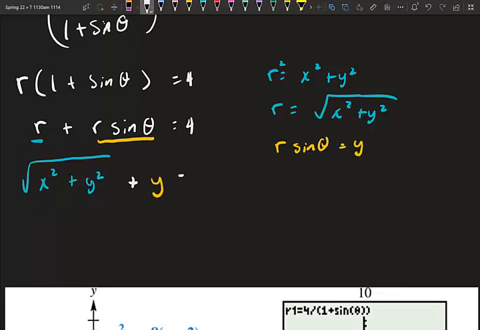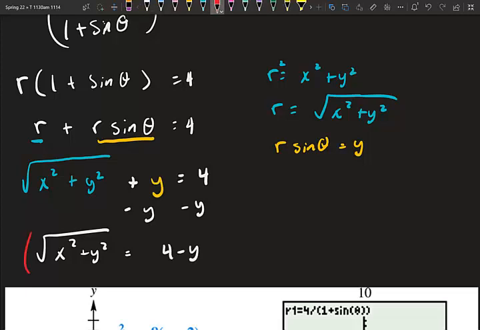And that equals 4. We need to get rid of this square root. We're not allowed to have it. So in order to get rid of it, we need to isolate the square root. In order to isolate the square root, we need to subtract y. So we have the square root of x squared plus y squared equals 4 minus y.